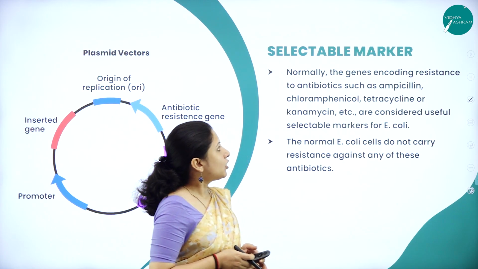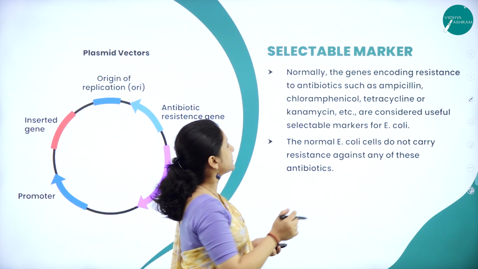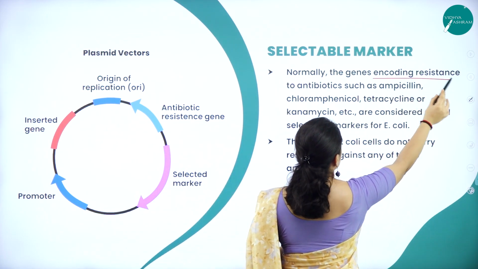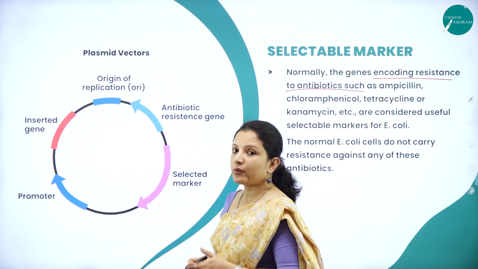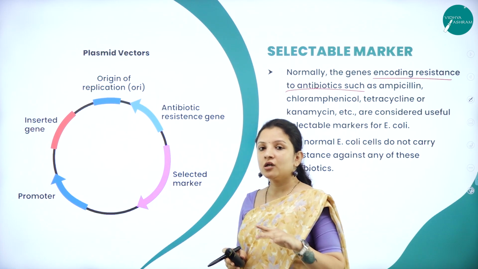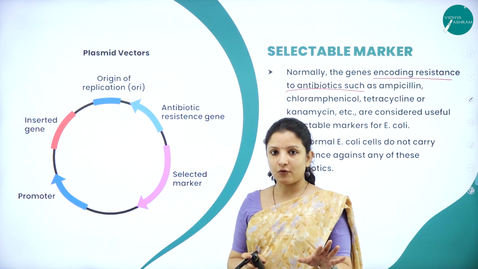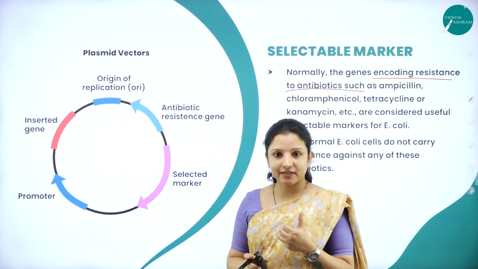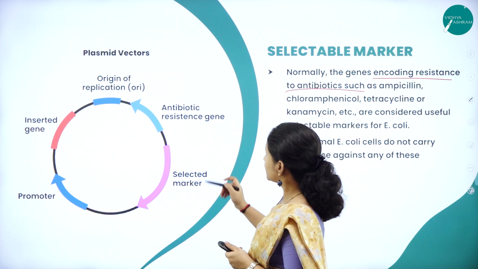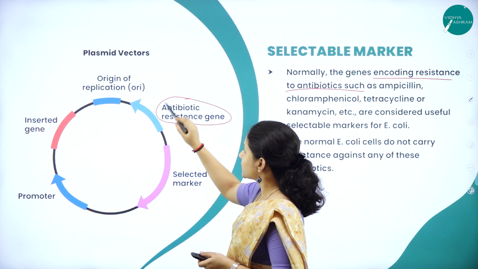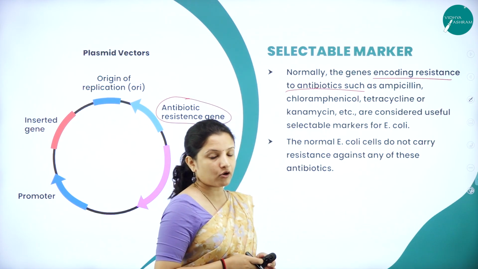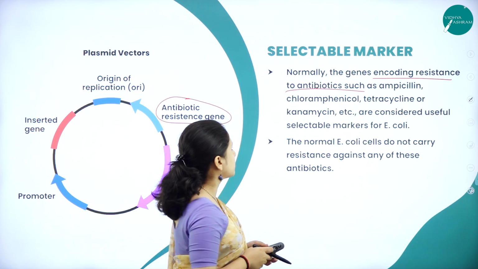Here, normally the genes encode resistance to antibiotics. So what are the different selectable markers that are used? Why is a selectable marker important? To eliminate the non-transformants. So which types of selectable markers are commonly used? The commonly used selectable markers are those genes which are resistant to antibiotics. Why are they used? We shall look into that.